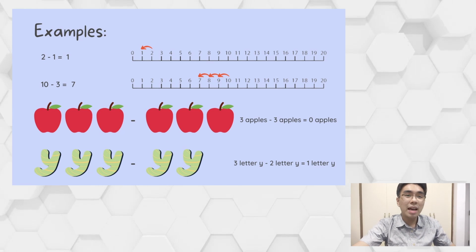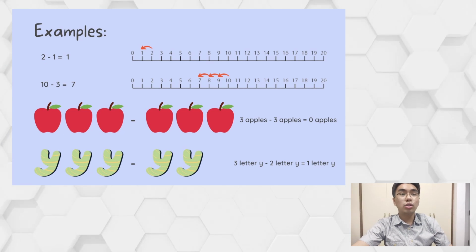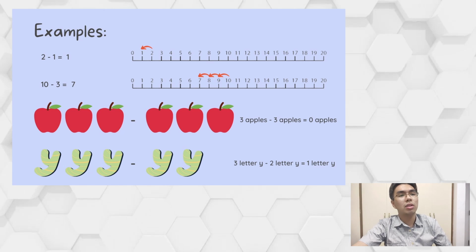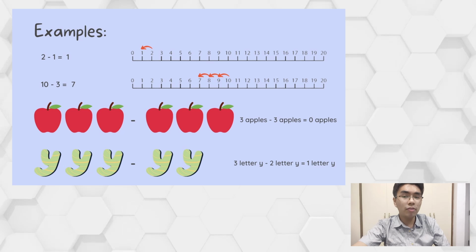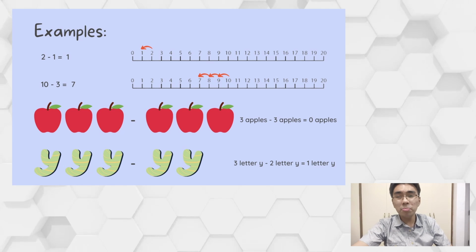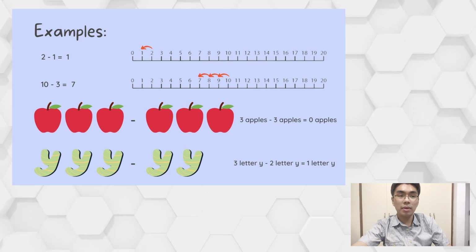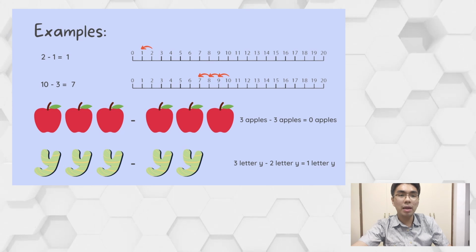Now for the examples. 2 minus 1 is equal to 1. So now we start from 2 and we go backwards since it is the inverse of addition. So we go backwards starting from 2 by 1.